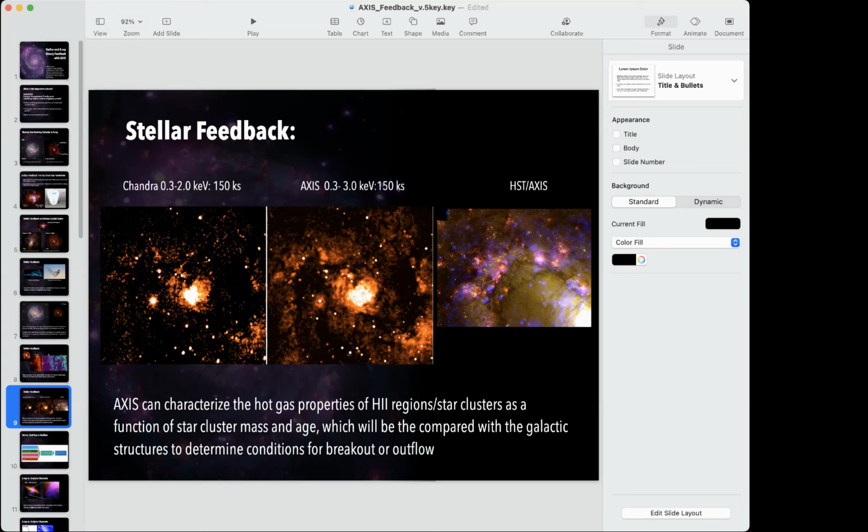And we will then compare them with the galactic structures to determine conditions for the breakout or outflow. A unified model of stellar feedback must be able to predict or explain the relationship between hot and cold gas in a diverse set of environments and over several orders of magnitude in scale length.